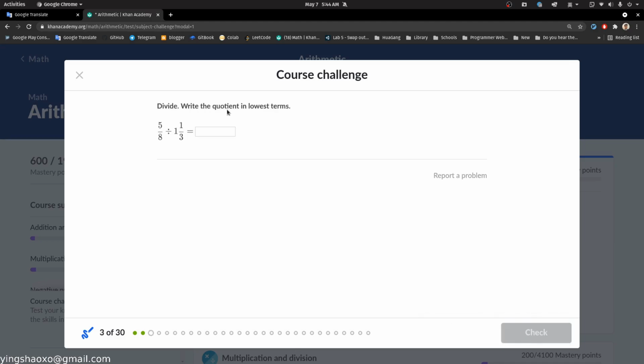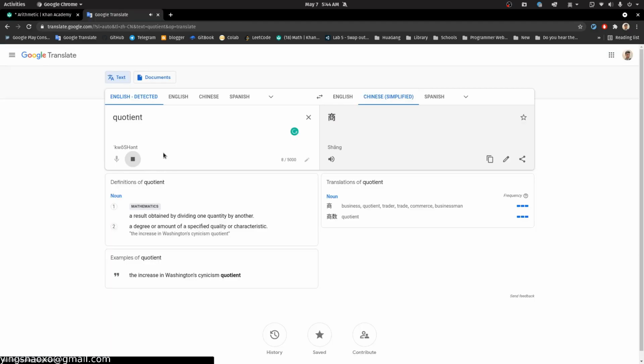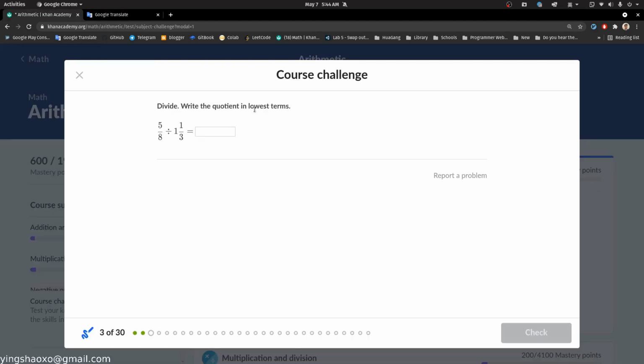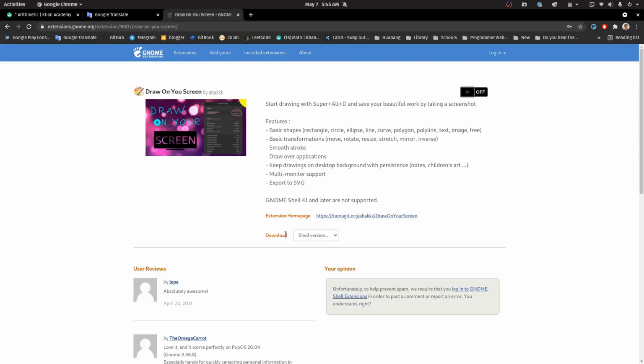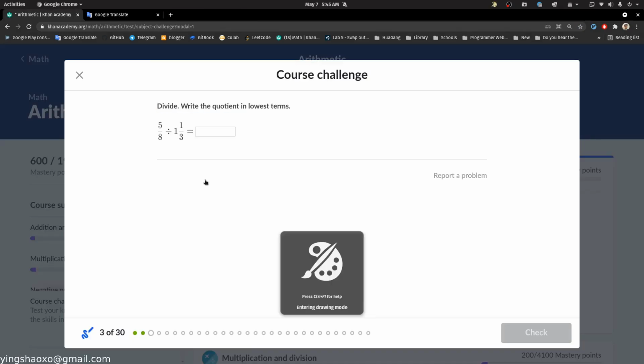Divide. Write the quotient in lowest terms. First we need to do a division. I kind of forgot about this, so we need to install a Chrome extension for us to do it. Here's a drawing extension that we could use to do some drawing.